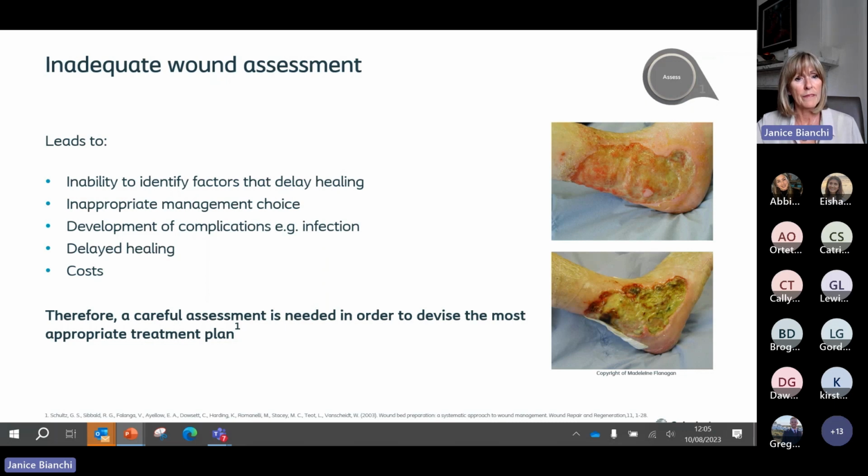People can then develop infections. Healing can be delayed and the costs go up significantly because you've got a longer time to heal that wound. And the cost, remember, for that individual, both psychologically and financially perhaps. So a careful assessment is really important to make sure that we've got that person on an appropriate treatment plan.